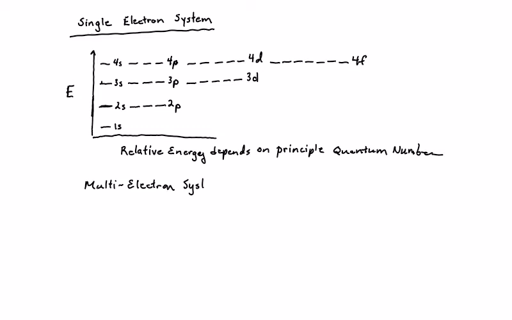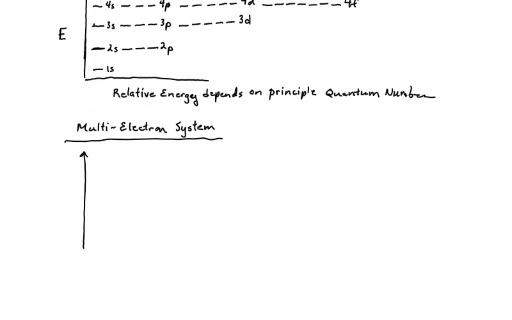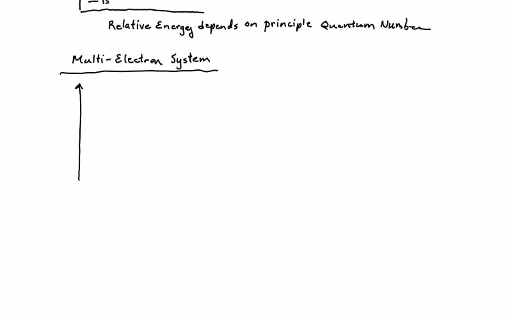In other words, if 1s is the lowest energy orbital there, the moment that I put an electron into that 1s orbital, that's going to create repulsive forces that are going to change the energy of the 2s orbital or the 2p orbitals. Okay, so this has a lot to do with the shape of the orbitals and how they interact with one another.